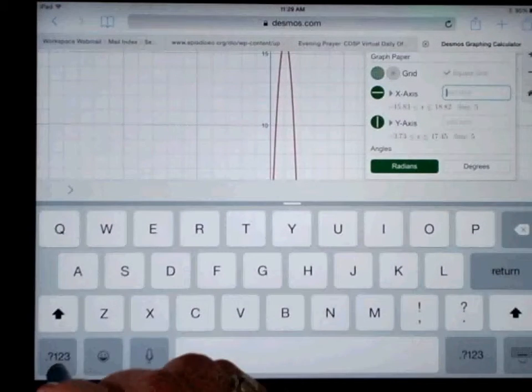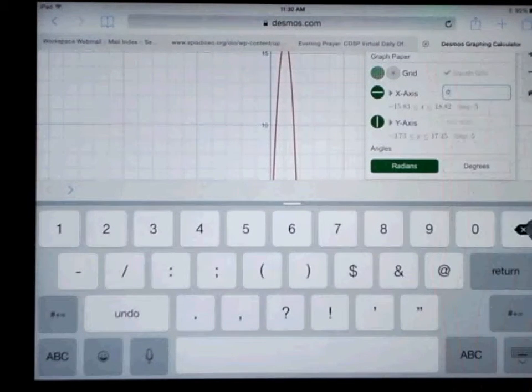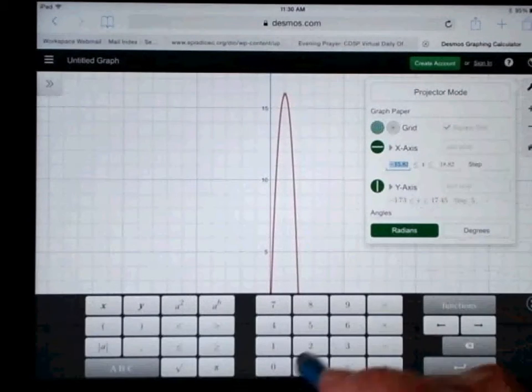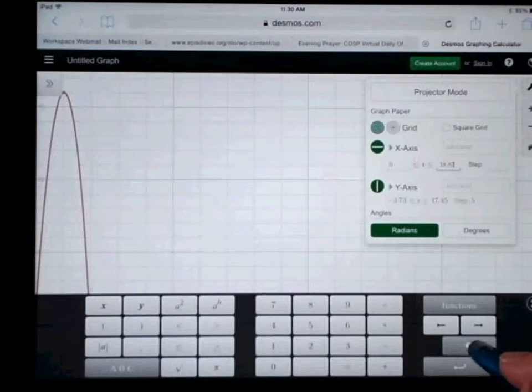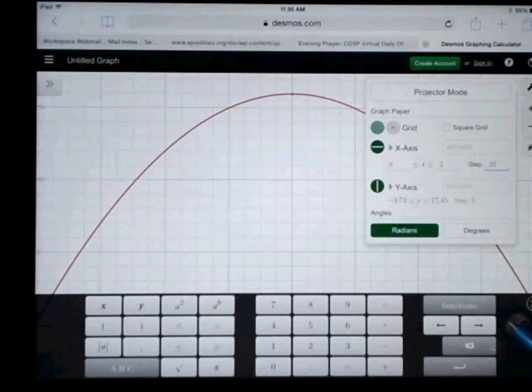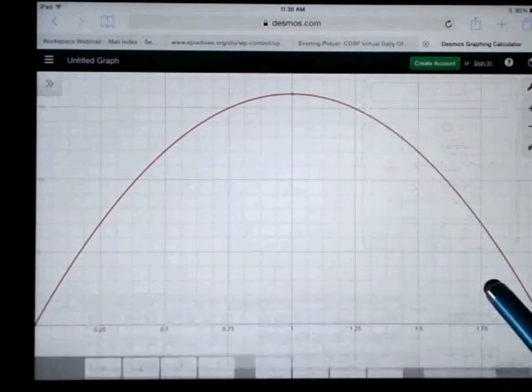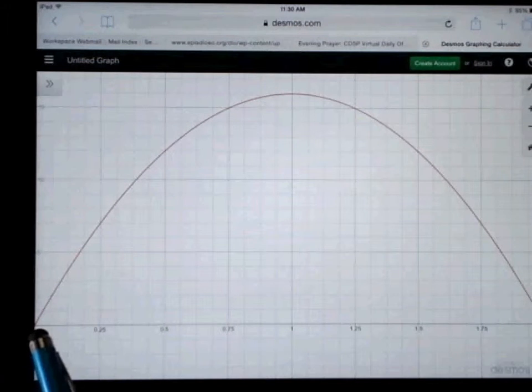We've said that Rx only goes from 0 to 2, and I'm going to see if I can make it step at 0.25. There we go. So the way this works is the 0 is clear down here.